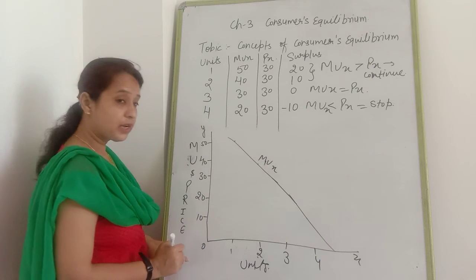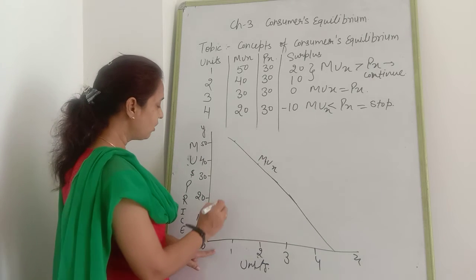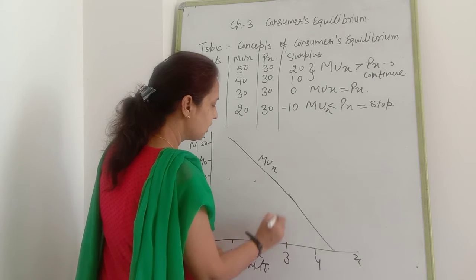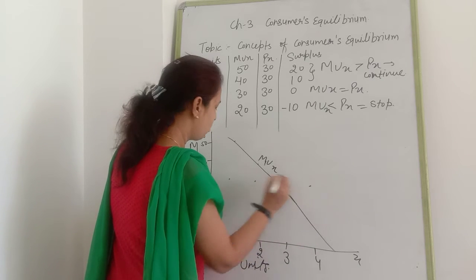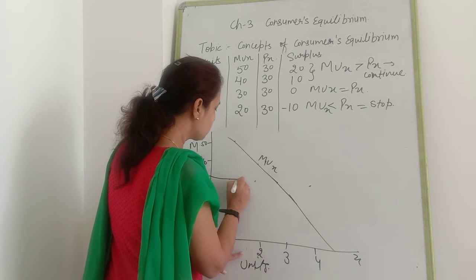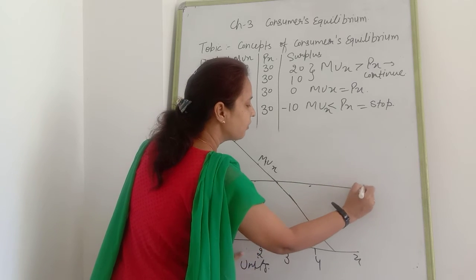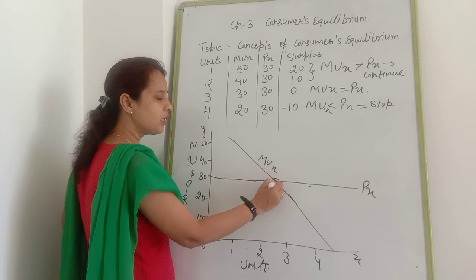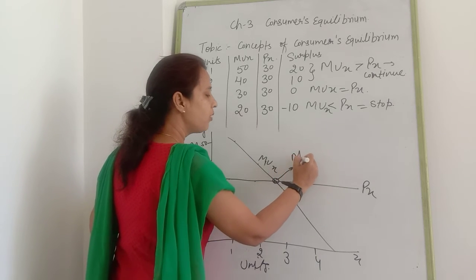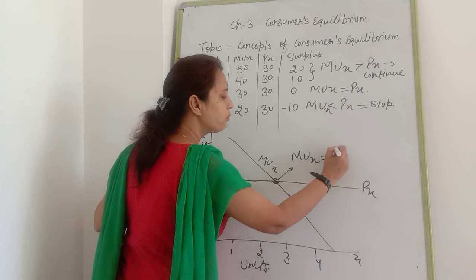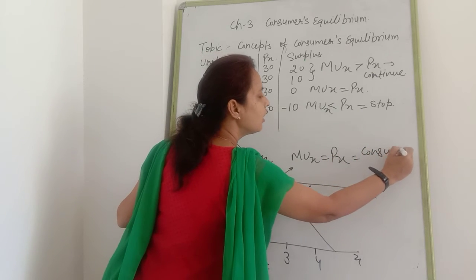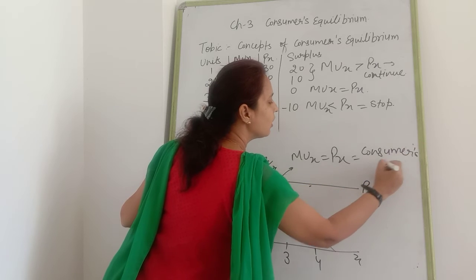Now draw the price line also. At 1, how much is the price? 30. At 2, 3, 4, it means prices are constant. That will be the PX. Clear? Where MUX cuts PX, it means where MUX equals PX, that will be known as the consumer equilibrium point.